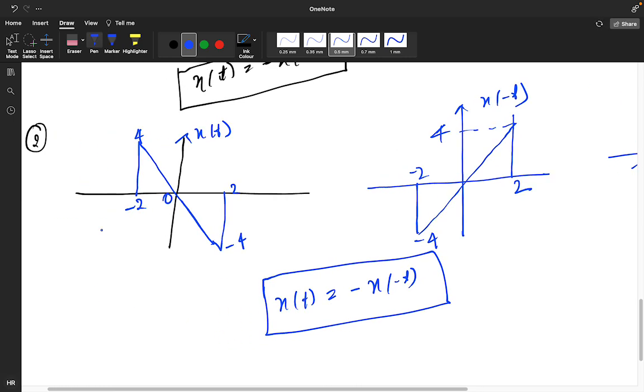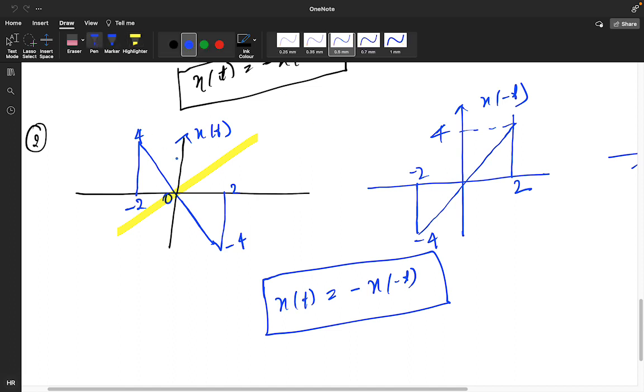Or you can check it like this also, in a very simple way. See, you are getting the mirror image. If you will put the mirror, your mirror image will be obtained like this. Or you can do one thing.